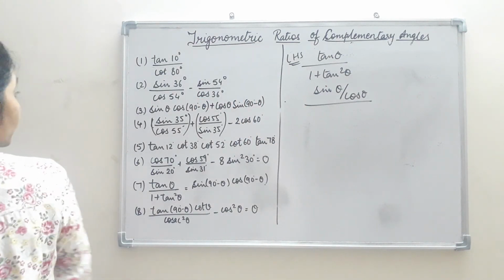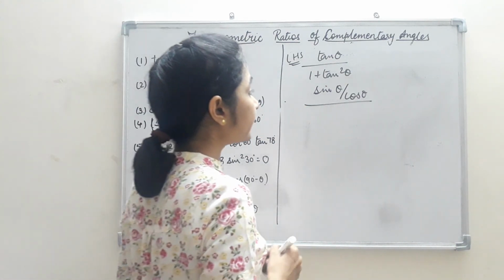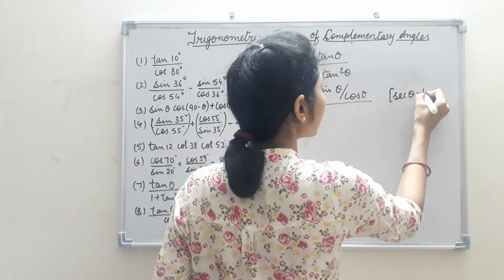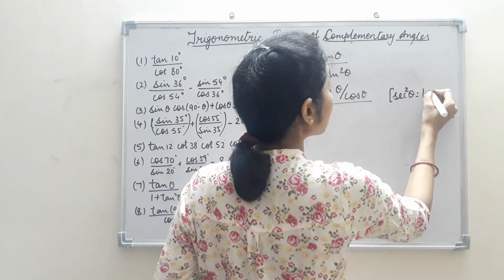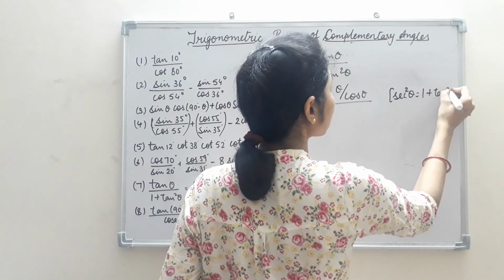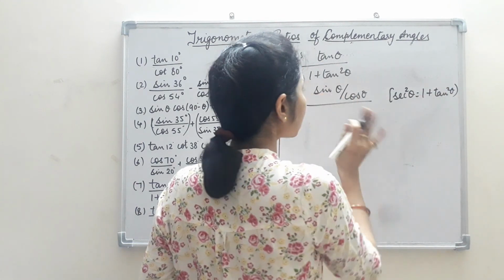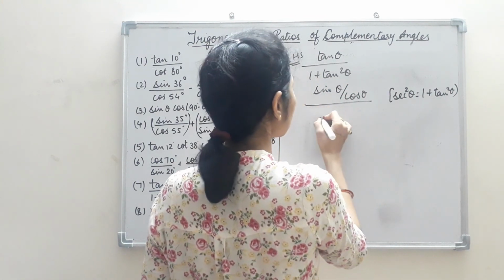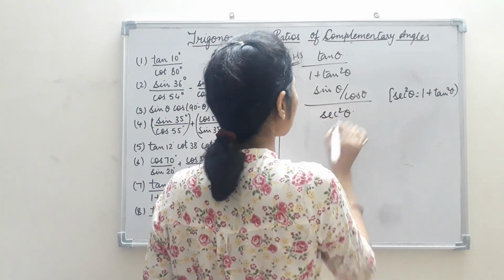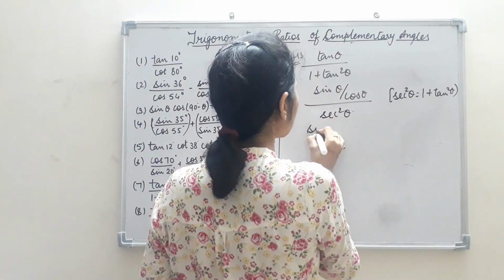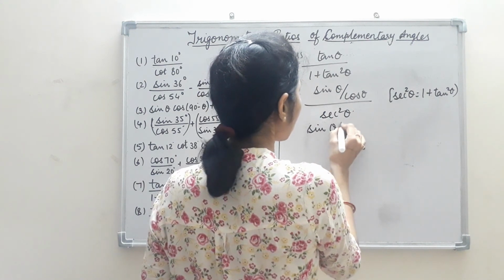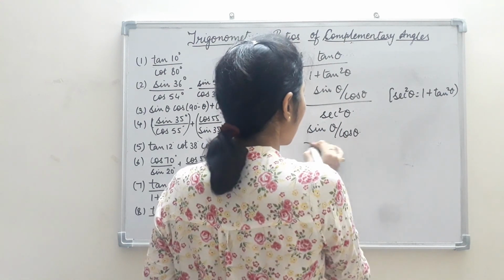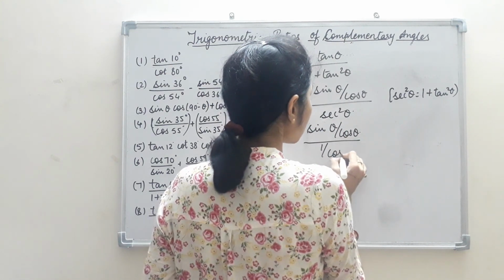And 1 upon tan square theta. We already know the identity that sec square theta is equal to 1 plus tan square theta. So 1 plus tan square theta, I change it into 1 upon, first I will write it as sec square theta only. Now I will change it in the next step into sin theta upon cos theta upon 1 upon cos square theta.